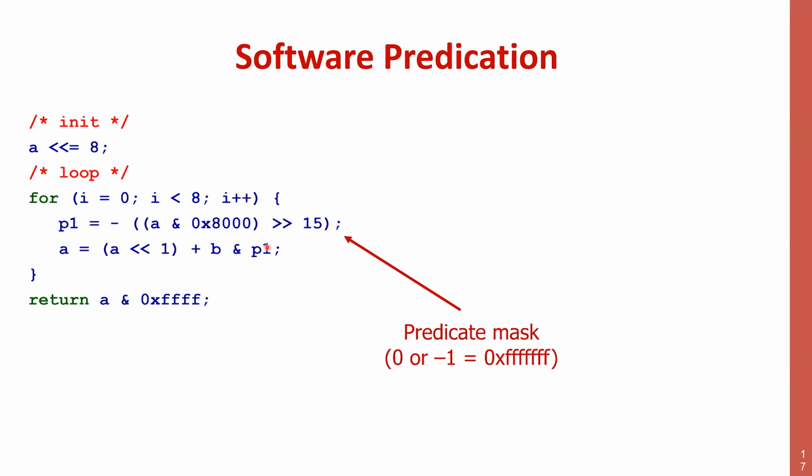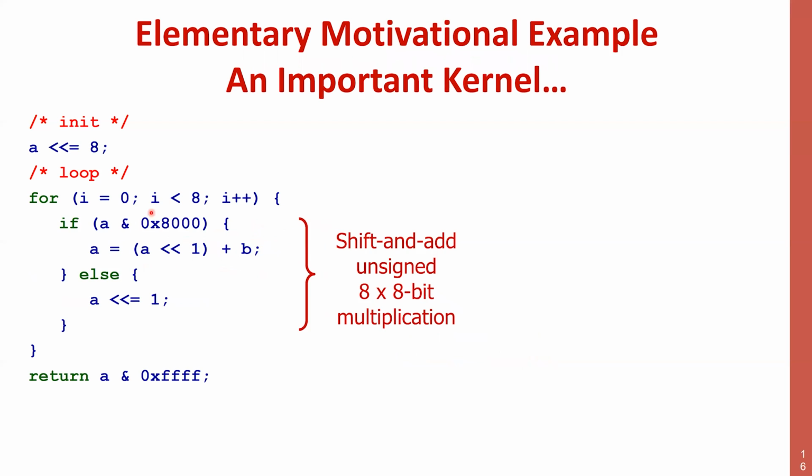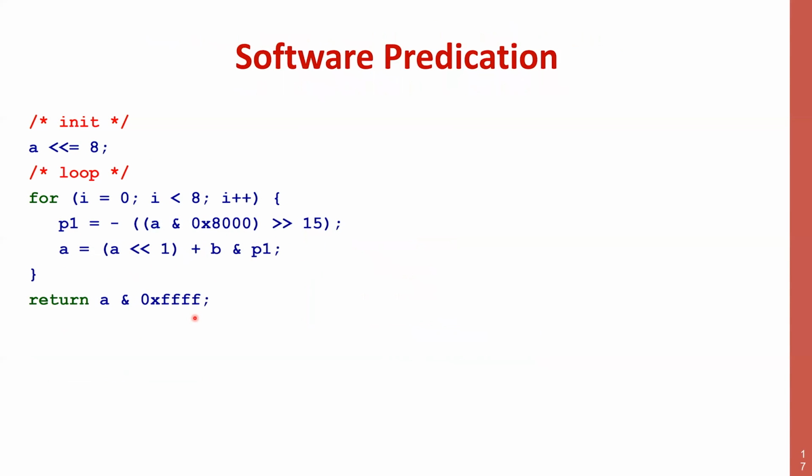If P1 is -1, or in 2's complement all ones, this term is B. So this means take A, shift it by 1, and add either 0 or B, which is exactly what we had here. I hope you are convinced that it's the same thing: either add B or add absolutely nothing. Other than that, the code is exactly the same.